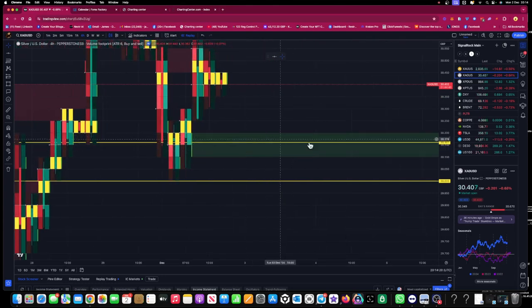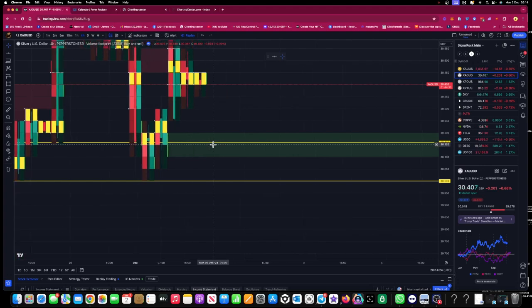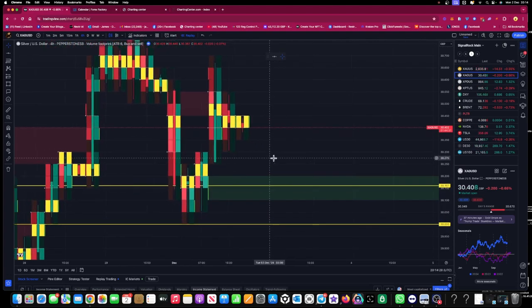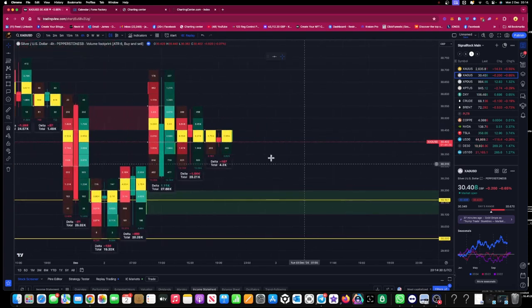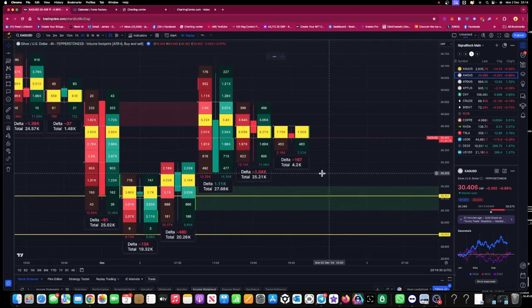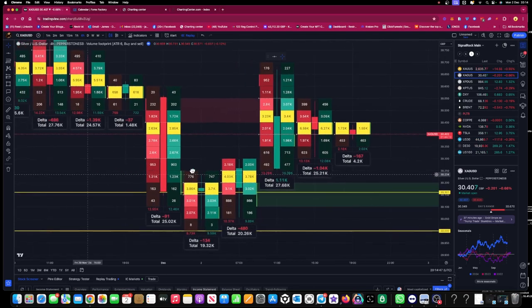And what this green box is doing is picking the area based on the orders. And as you can see, we're in a minus 167 there. We're in a minus 1,000 here. Minus 480. See what you can do with this.